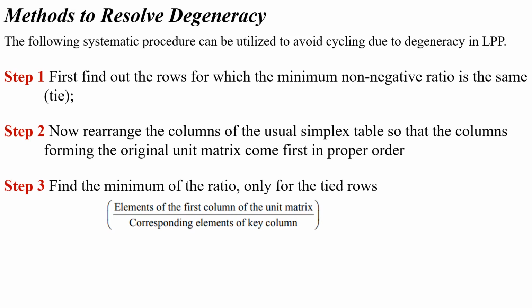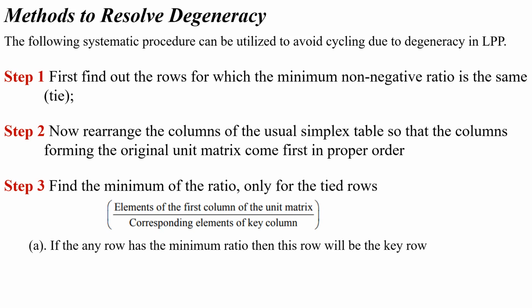Third step is to find the minimum of the ratio only for the tied rows, that is, the elements of the first column of the unit matrix divided by the corresponding elements of the key column. If any row has the minimum ratio, then this row will be the key row.